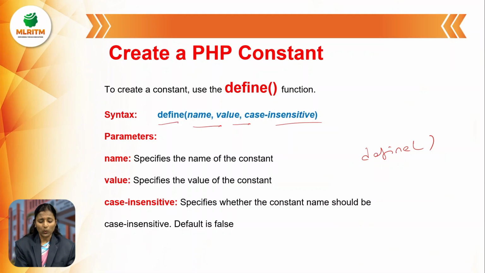While coming to the define function, there are parameters. The first one is the name, which specifies the name of the constant. The next is the value, which specifies the value of the constant.